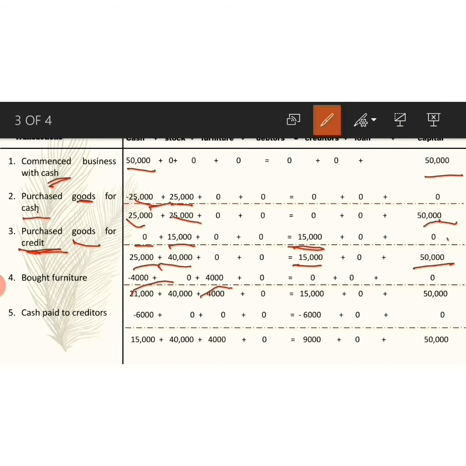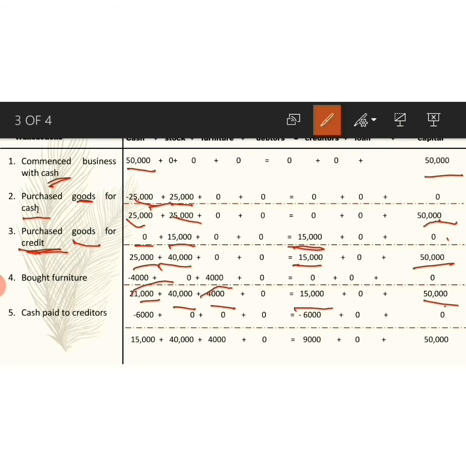Again, on adding this, 25,000 minus 4,000 is 21,000, and 40,000 plus 0 is 40,000. 0 plus 4,000 is 4,000. Again, moving on to the creditors, 15,000 plus 0 is 15,000. Capital 50,000 plus 0 is 50,000.